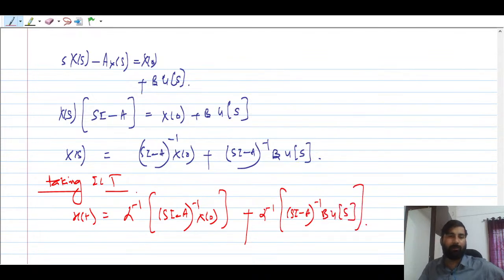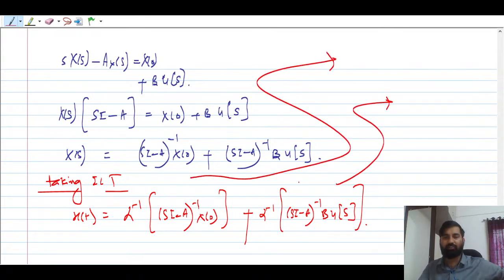Now you should know what we call this and what we call this. They have two different names that you have to remember. So this is finally the kind of response that you get. X of t is L inverse of (sI minus A) inverse x naught. You can say this is nothing but a zero input response.